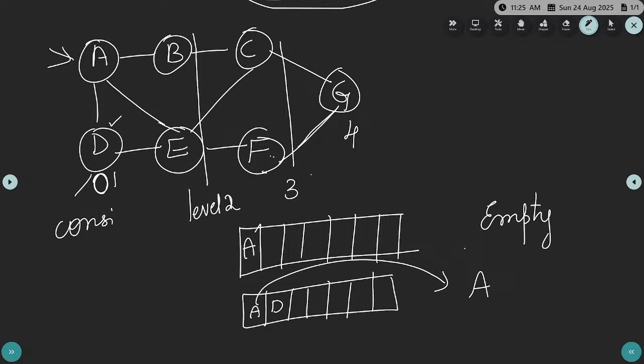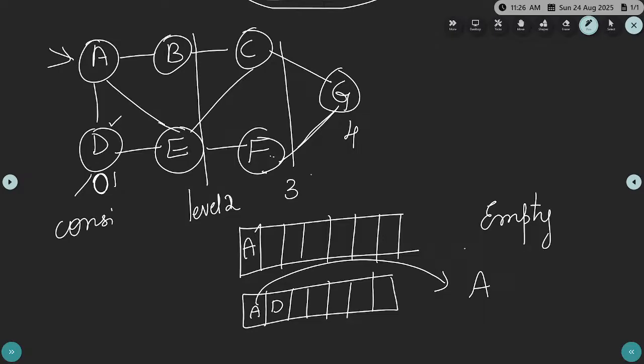Step 2. While the stack is not empty, under that step A, there are two steps again.